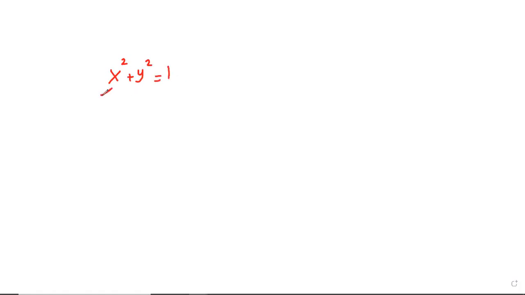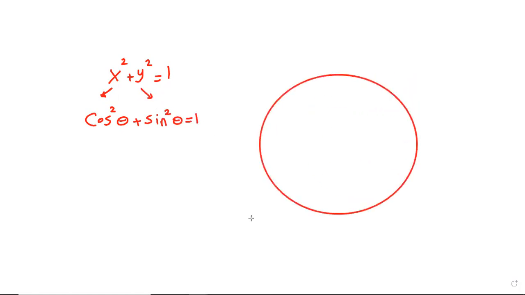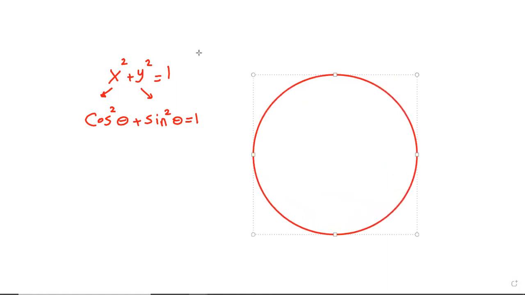And what is x? X is cosine. So cosine squared theta plus sine squared theta equals what? 1. Okay. What is the unit circle? It is a circle of radius length 1 unit.